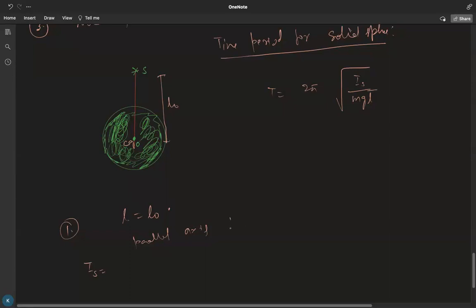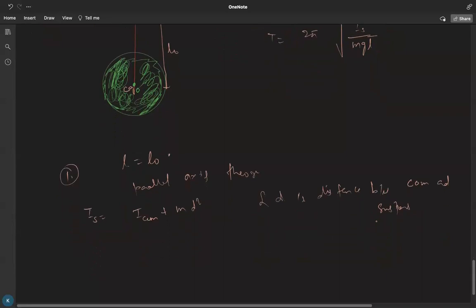So it will be I about center of mass plus md square, where d is the distance between center of mass and suspension point. In this case, d is our L naught.